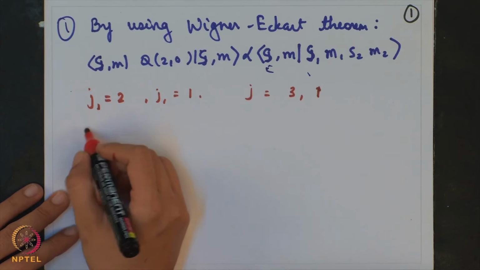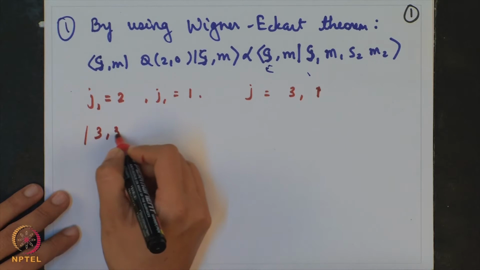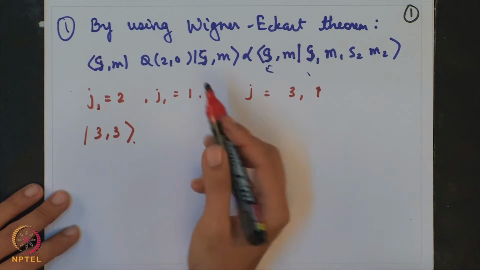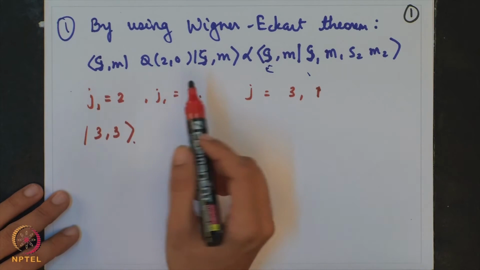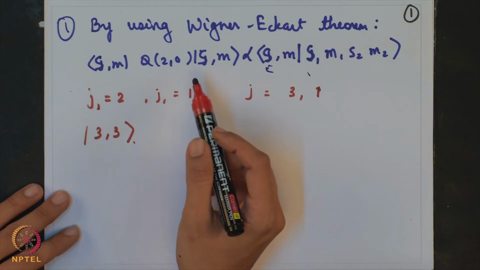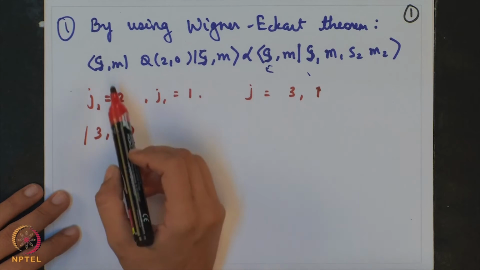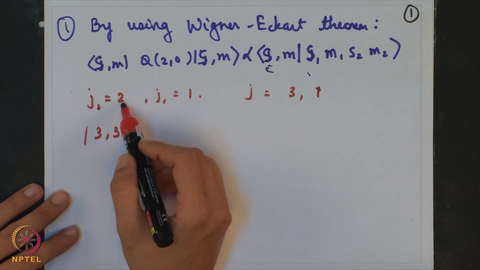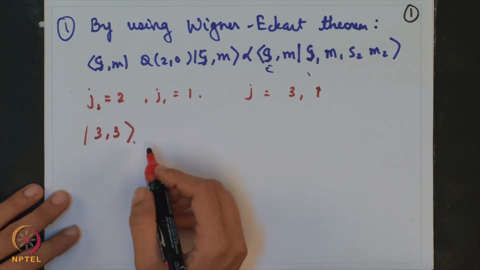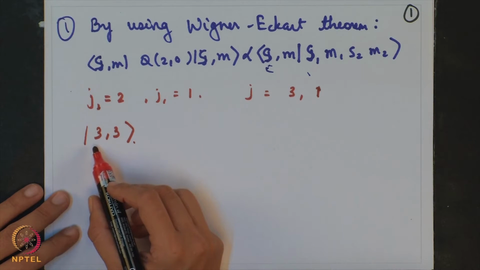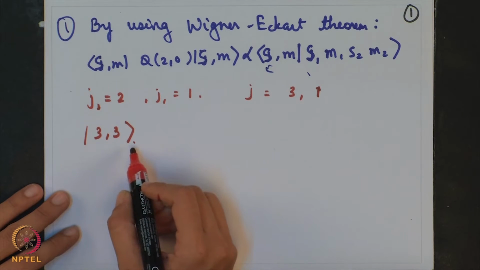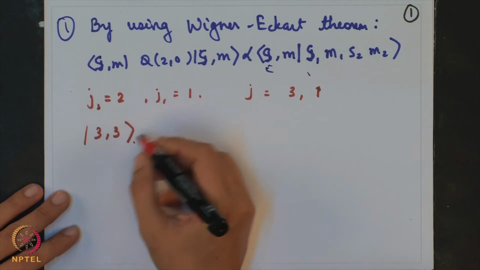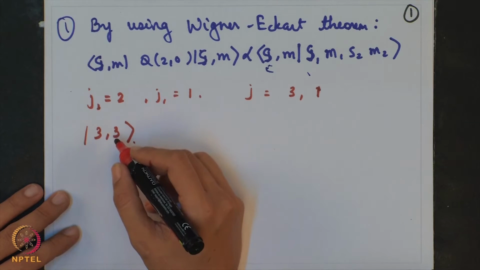So, you start by writing, say, state 3 comma 3. In this problem you have J1 is equal to 1, J2 is equal to 2, and you can start by writing capital J as the 3 comma 2 state.